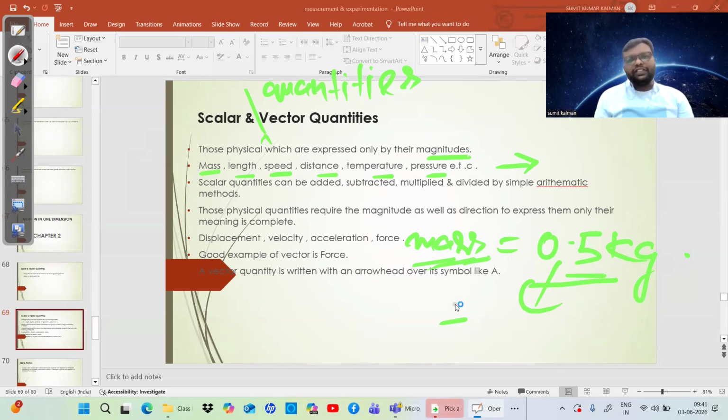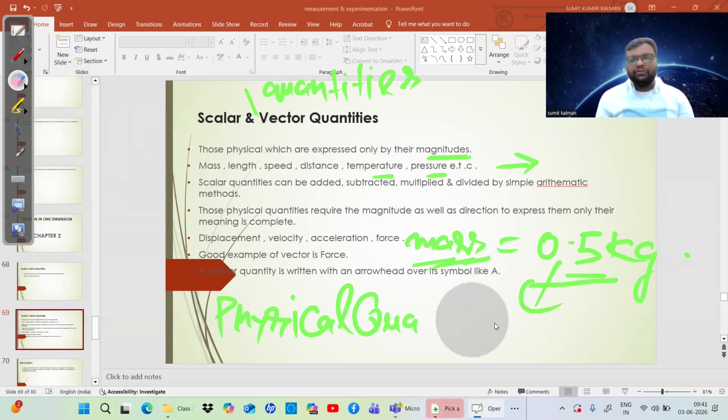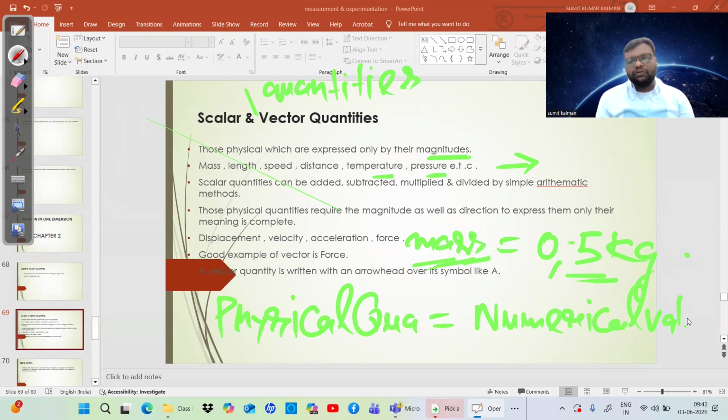We write a physical quantity in the following way: physical quantity is equal to numerical value into unit.